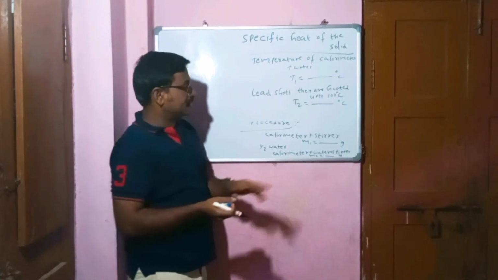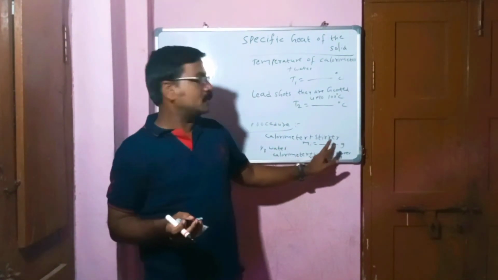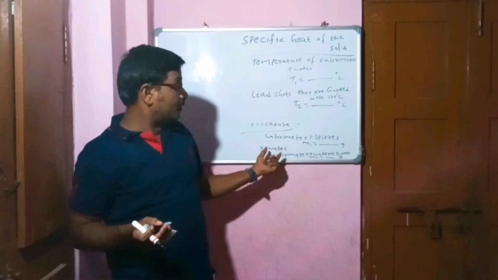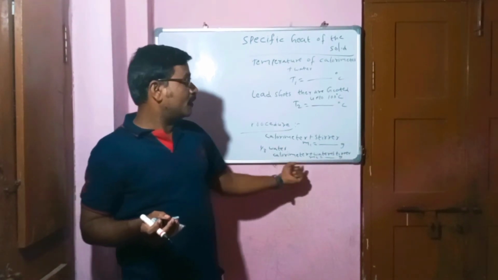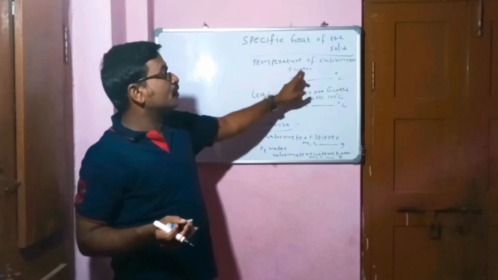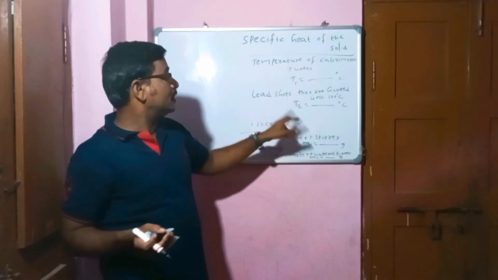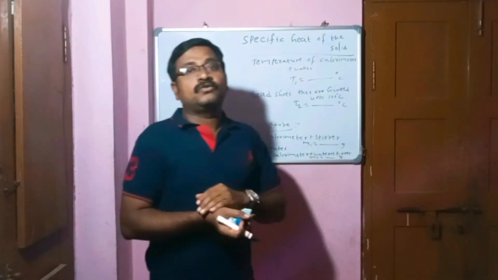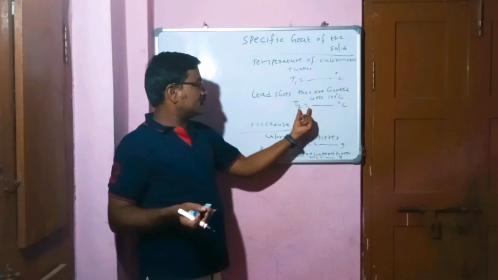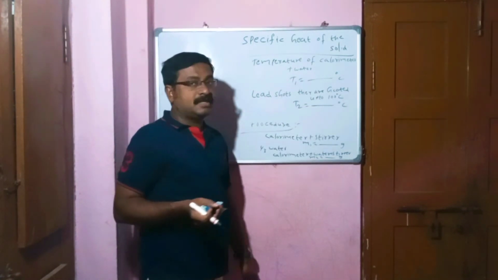To recap the procedure: using a common balance, measure the calorimeter and stirrer, M1 grams. One-third of water is added to the calorimeter, and you find M2, calorimeter plus water plus stirrer. The temperature of the calorimeter and water is T1, room temperature. Next, lead shards are heated to 100 degrees centigrade using the steam heater or gas stove, so T2 is 100 degrees centigrade.